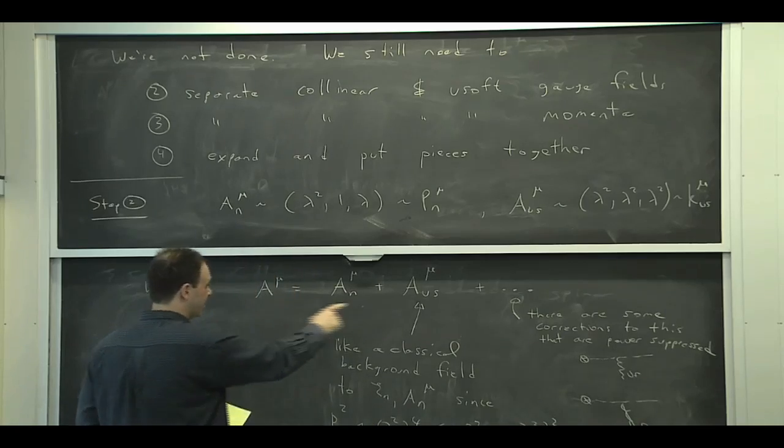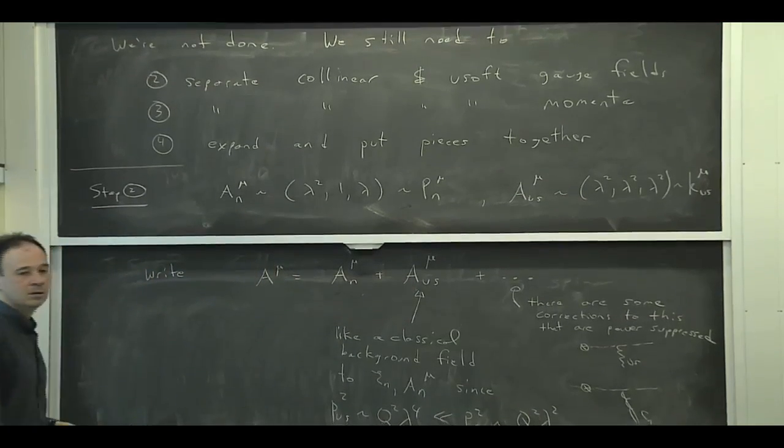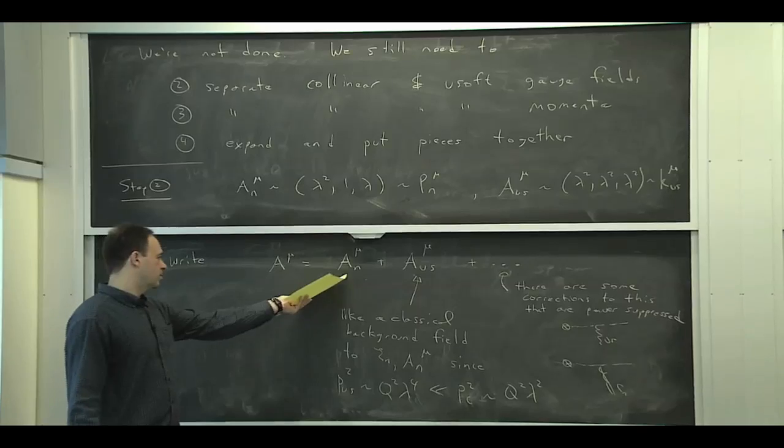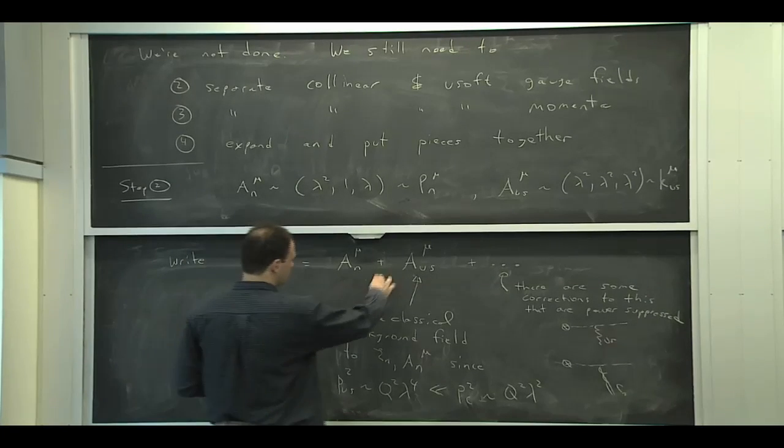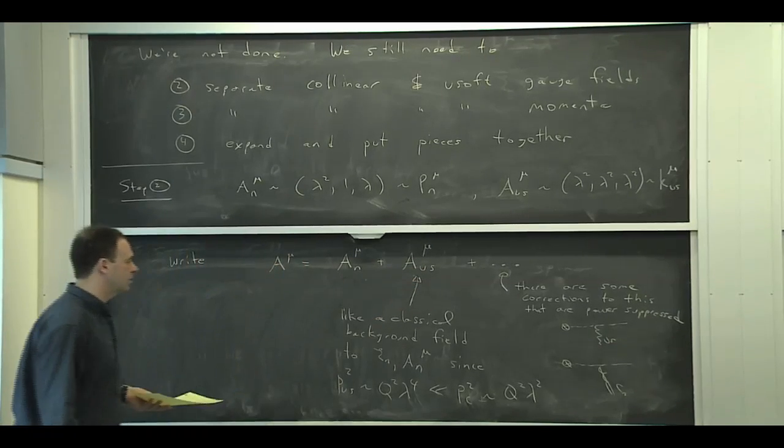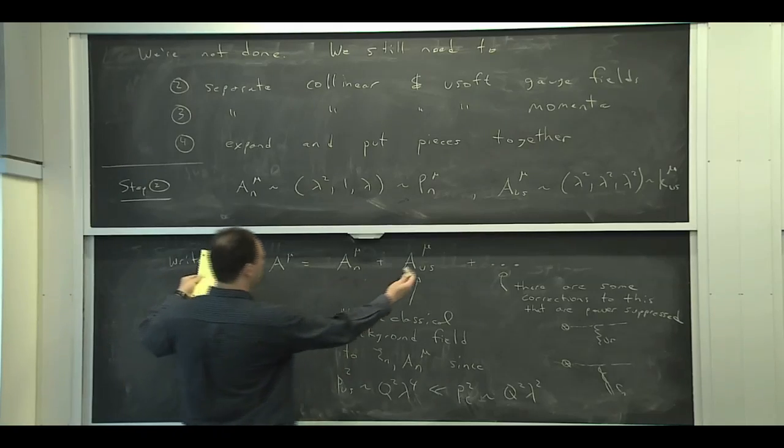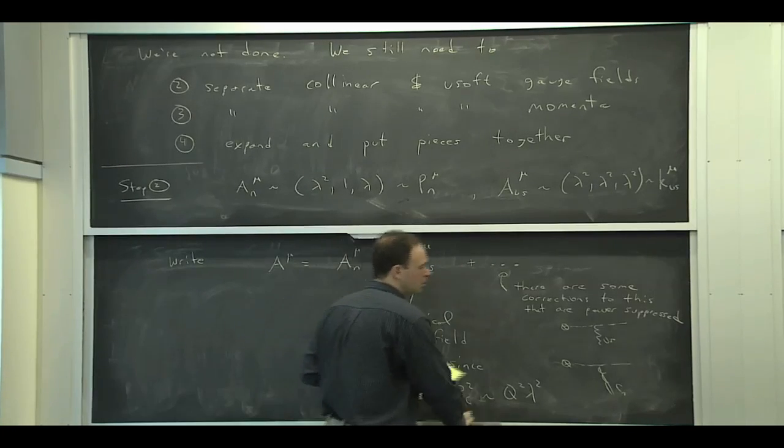OK, so that's saying that this guy is a long wavelength mode compared to these short distance modes. So we can think of this as a slowly varying classical background, and that's one way of thinking about this formula, and we'll exploit that a little bit later on as well.